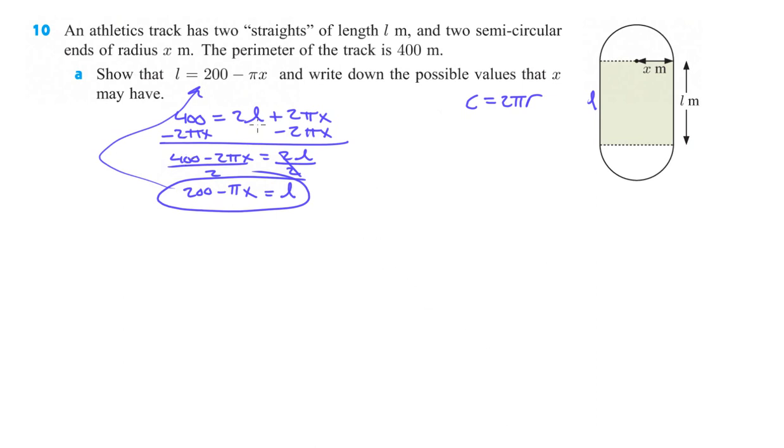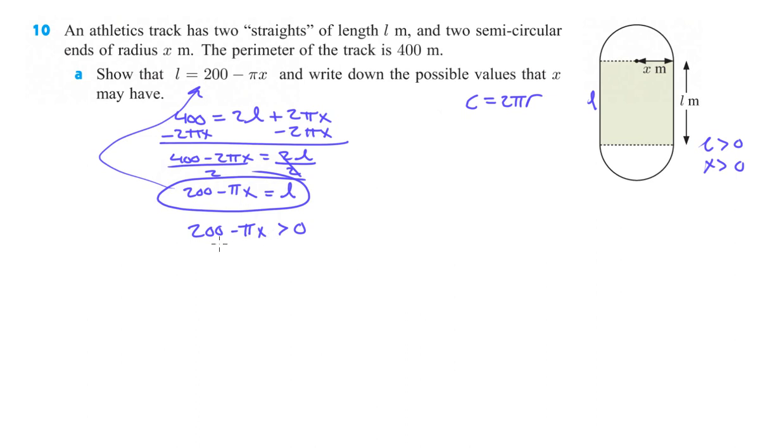Okay? So we know that this length has to be greater than 0, and our x also has to be greater than 0, right? So we know that our length is 200 minus pi x, right? So we know that this 200 minus pi times x has to be greater than 0.